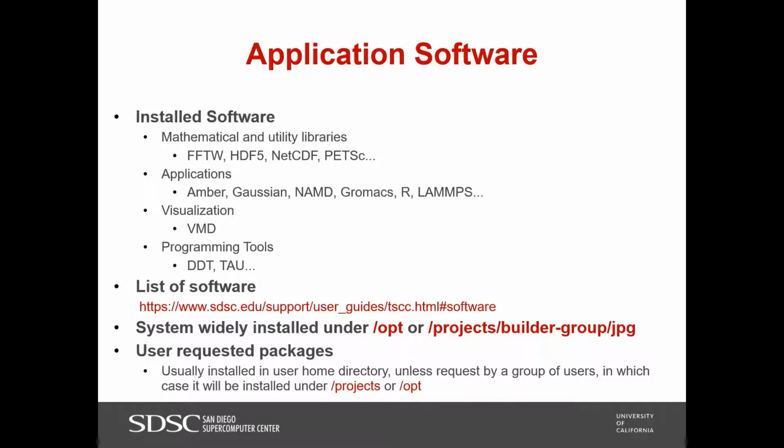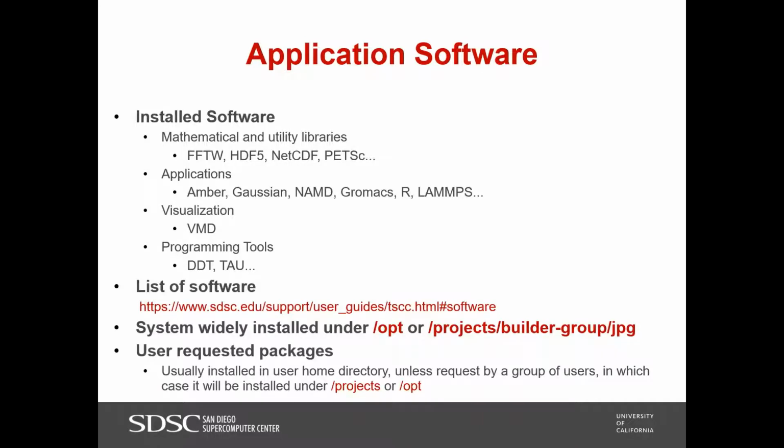All system-wide installed software is under /opt or /projects/builder-group/jpg, and we install our software there. If you want to install your own software, you're generally encouraged to install it in your own space, like your home directory.